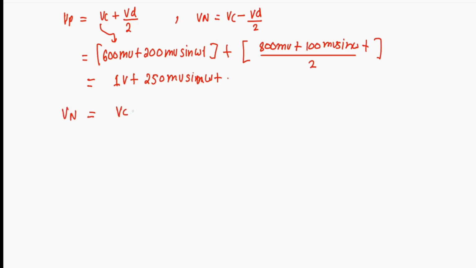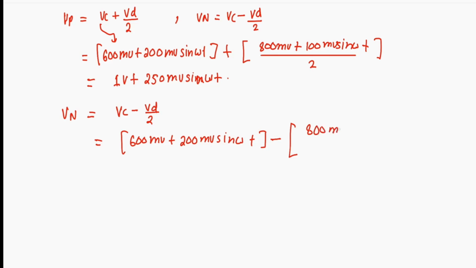What will the negative output terminal be? This will be Vc minus Vd by 2. So 600 millivolt plus 200 millivolt sin omega t, and here it will be minus 800 millivolt plus 100 millivolt sin omega t, divided by 2.